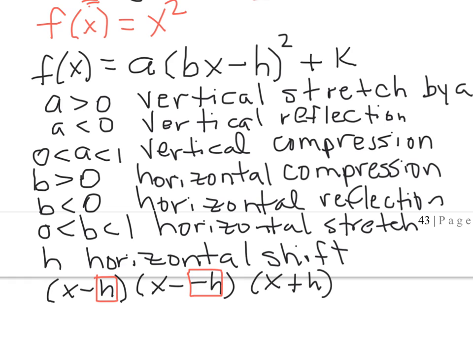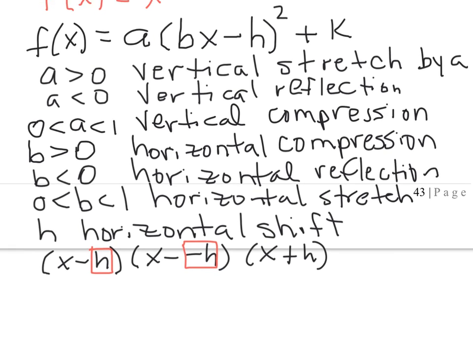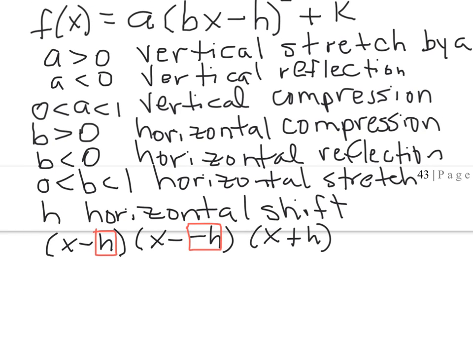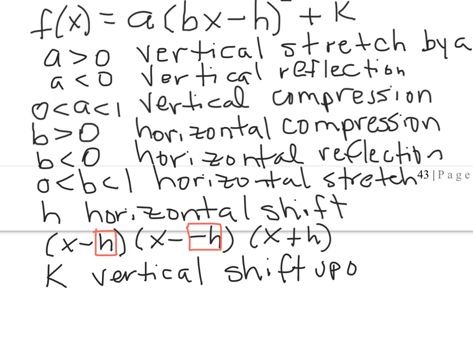All right. Now the last one is K, and let's take a look at K. What K does is K is a vertical shift. Remember we said anything outside the parentheses affects Y, which would be a vertical shift up or down. Okay, up or down.